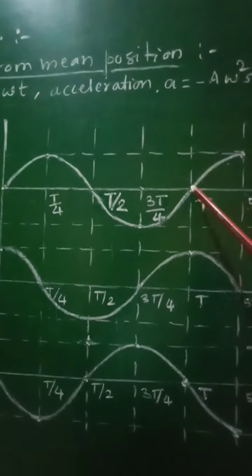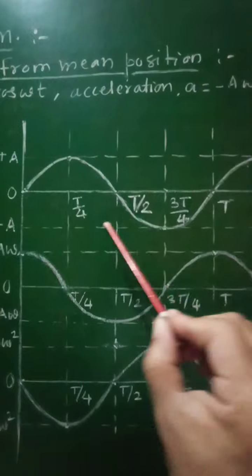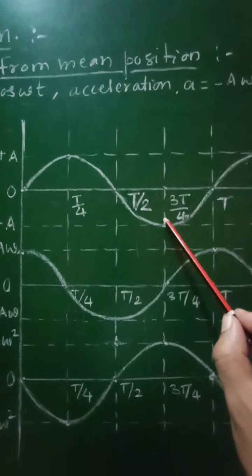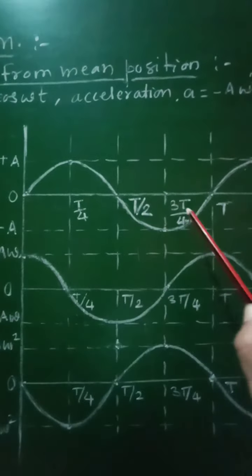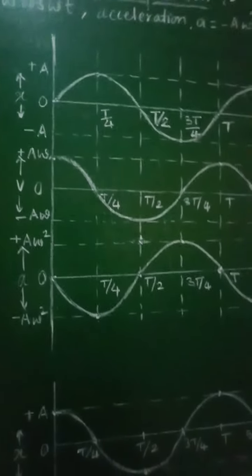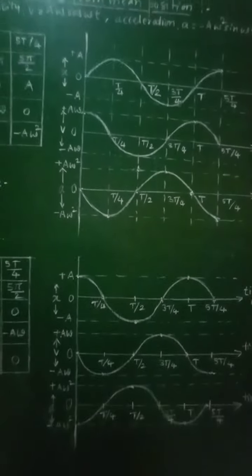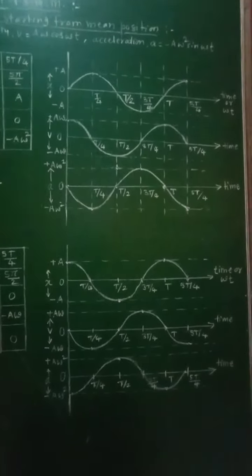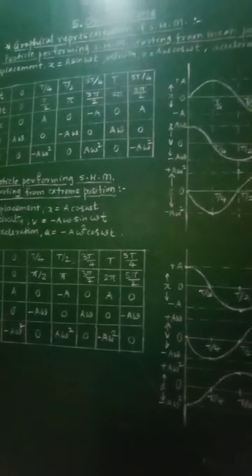That means the same shape of the graphs will be repeated again and again after a period of T, that is after a time interval of capital T or a phase of 2 pi. So these are the graphical representations of linear SHM if the particle starts its motion from the mean position as well as from the extreme position.